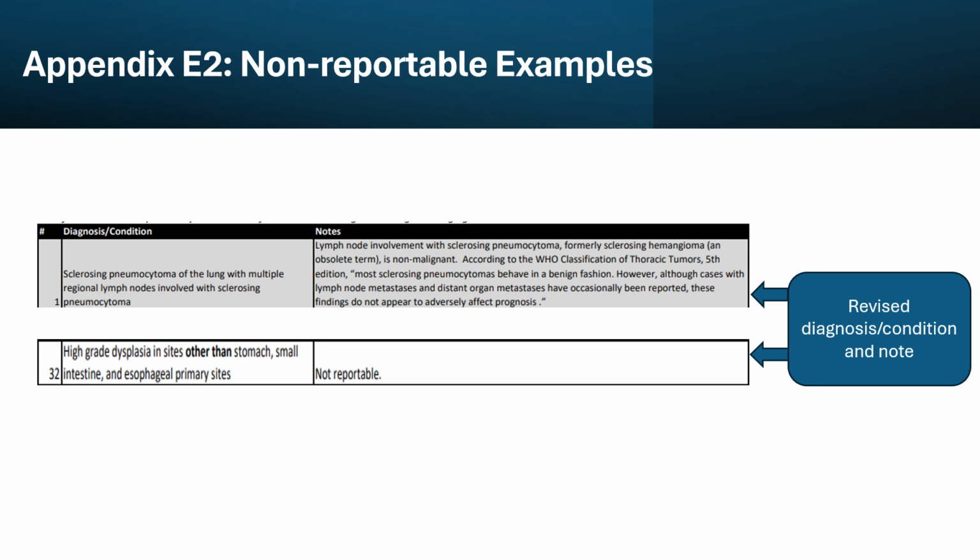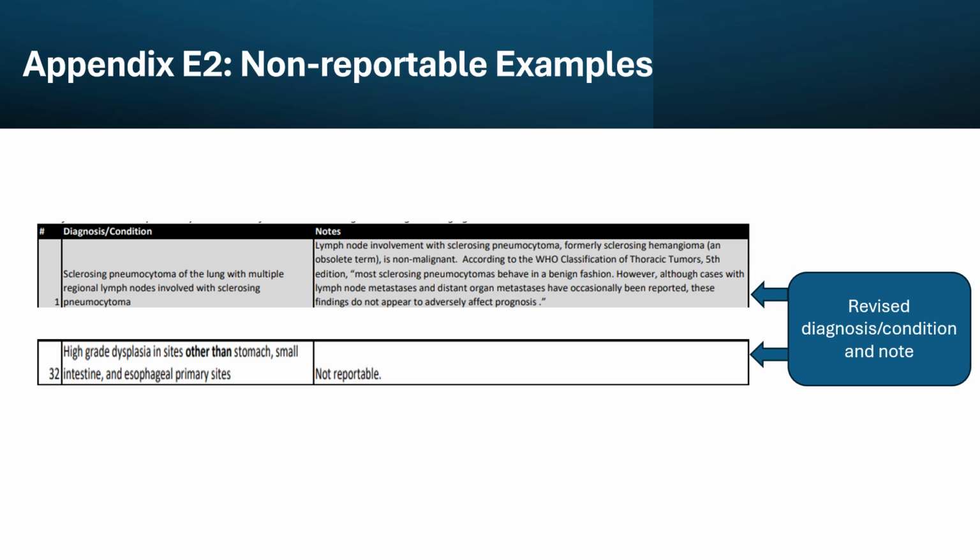For Appendix E2, non-reportable examples, on line 1, we had some updates here, just some revised diagnosis and conditions noted. This has to do with sclerosing pneumocytoma of the lung with multiple regional lymph nodes.